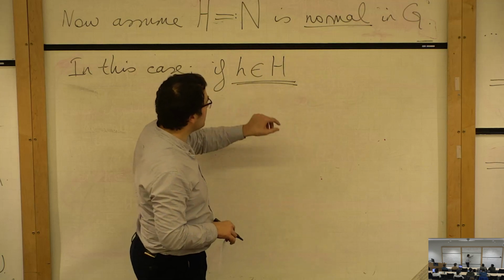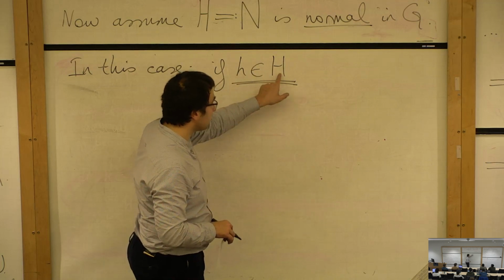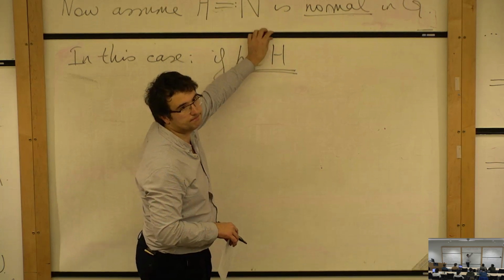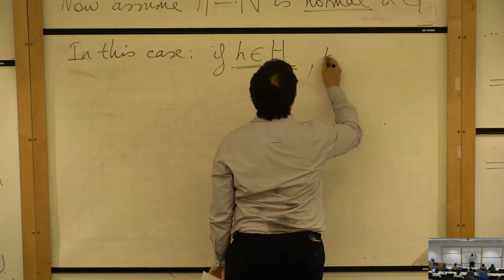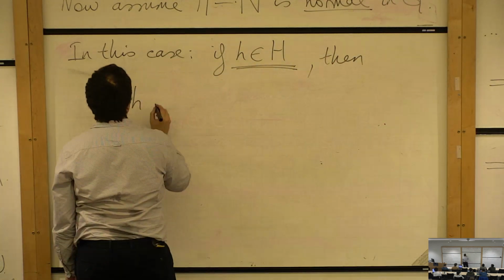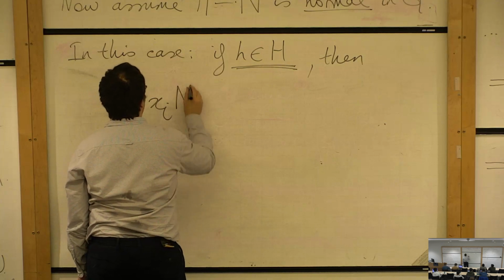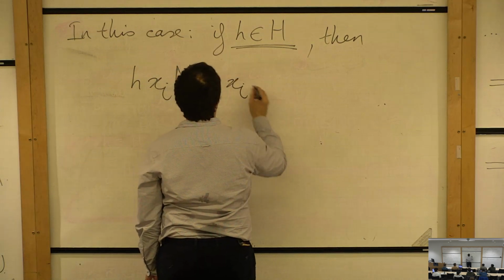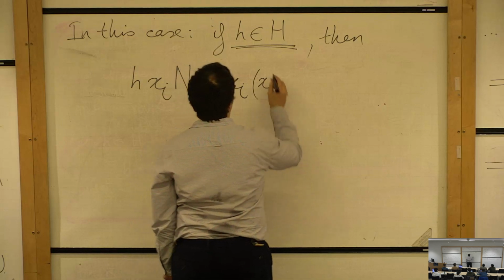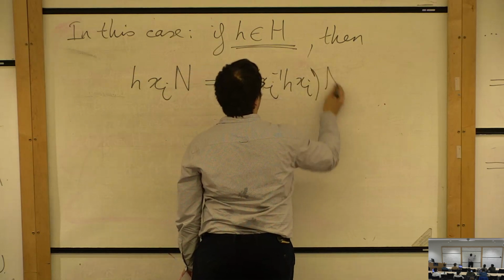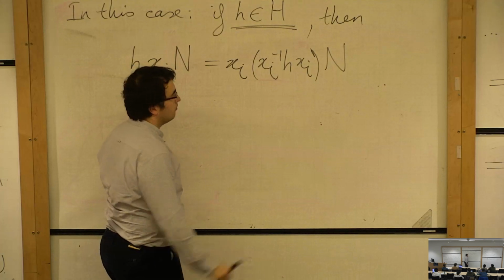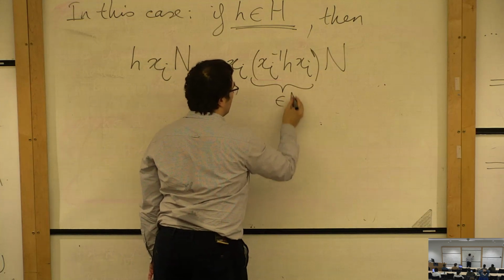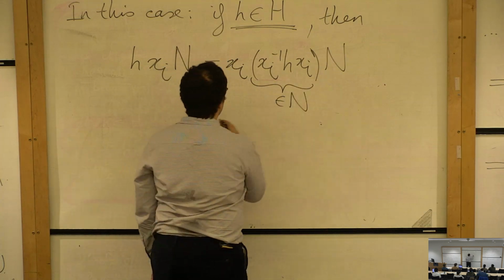The block matrix you get for the action of even the subgroup you started with might not be block diagonal, but in the case of the normal subgroup it is. h x_i N is x_i, x_i inverse h x_i N, but h is in N, and N is normal. So this is in N, because N is normal, and so it goes away.